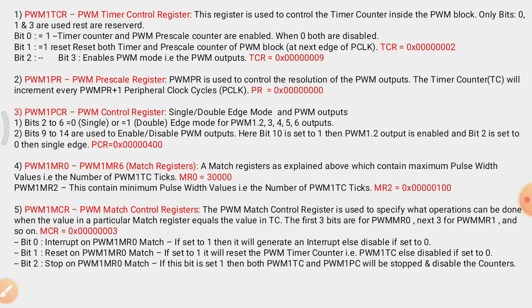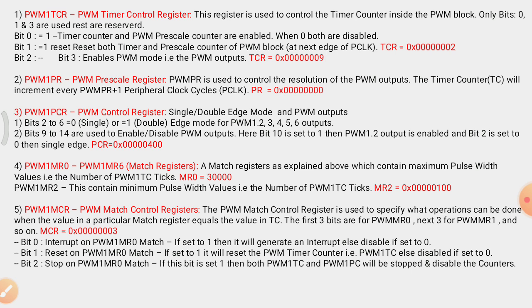These registers are controlled by another register, MCR, the match control register. This register is basically used to specify what operation can be done when the value in a particular match register equals the value in the TC. Each MR register functions with 3 bits and 3 functions.